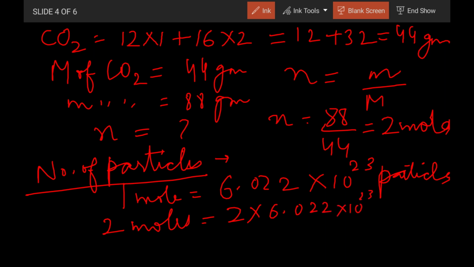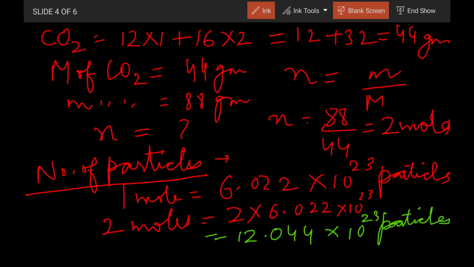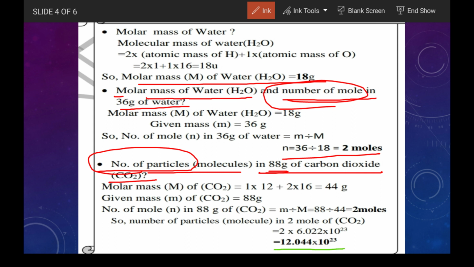So our answer would be 12.044 into 10 to power 23 particles. Okay beta, so this is done for you to understand.